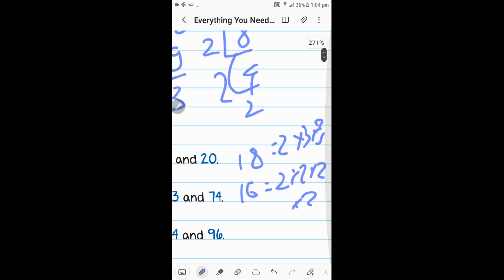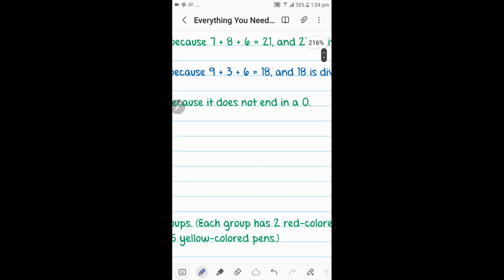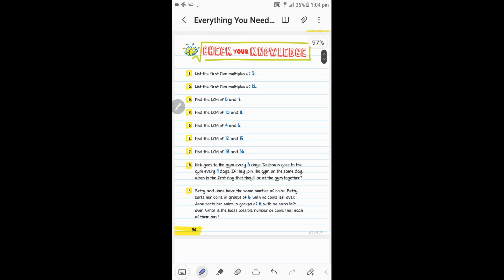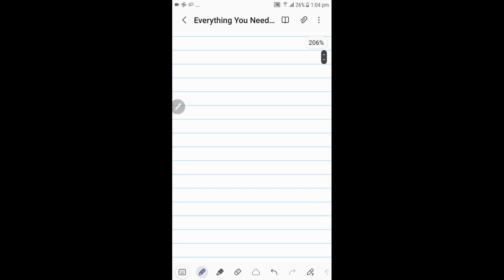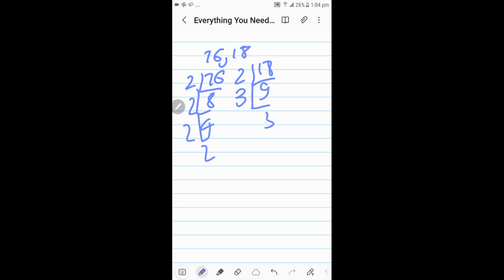Now we need to find the HCF of 16 and 18. 2 8s are 16, 2 9s are 18, 2 4s are 8, 2 2s are 4, 3 3s are 9, 3 1s are 3, 2 1s are 2.